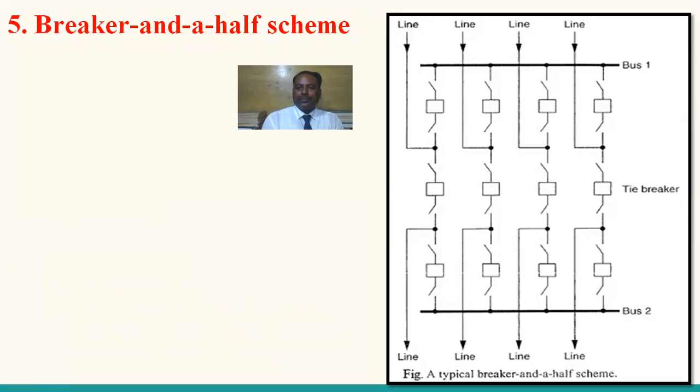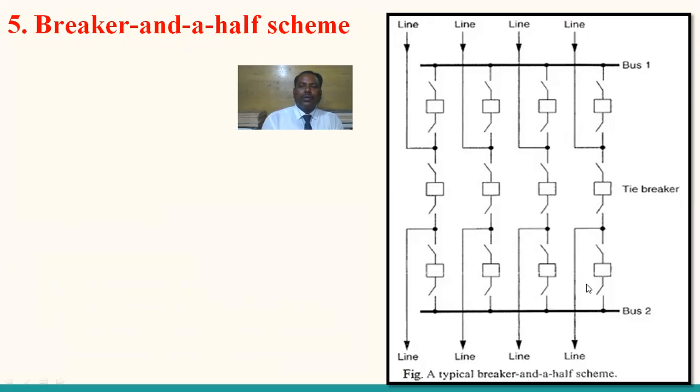See here, suppose the supply is coming like this. The supply is coming, and directly this tie breaker is functioning and going throughout. At the time bus 2 is out of touch, whereas bus 1 is functioning, this breaker is functioning, and then the supply goes like this.